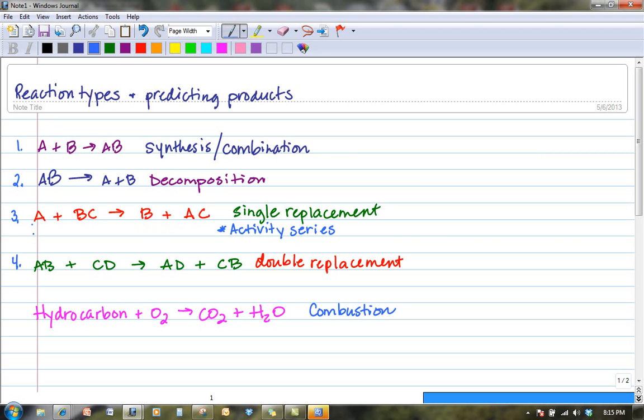Equation number 4 is called a double replacement. We have 2 compounds, AB plus CD. And what happens is that the metals that are in the compounds are going to switch places. And in doing so, we get 2 new compounds, AD plus CB.